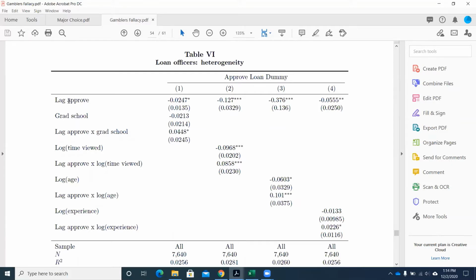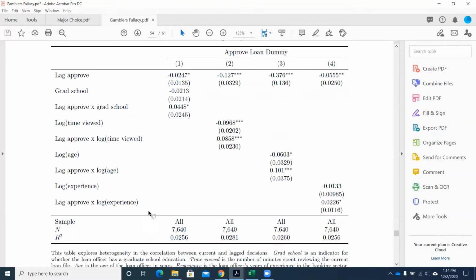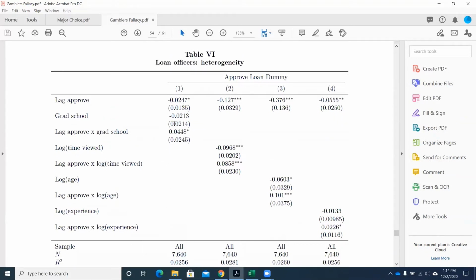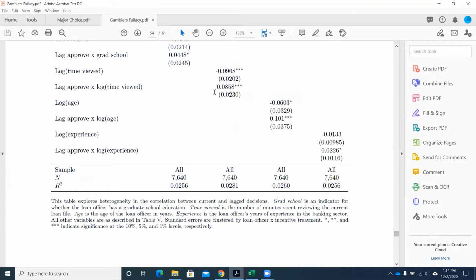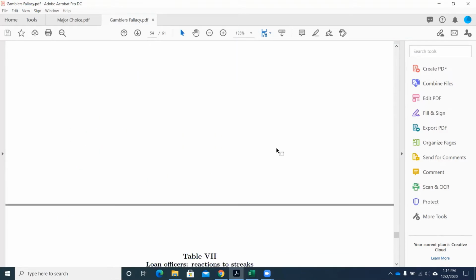If they approve the previous loan, even with our small controls, a couple controls here, it looks like they're less likely following an approval to then approve the next loan, right? So once again, negative correlation between the lag and the current variable. We're looking like we might have some gambler's fallacy going on, right? And they find different sizes by including different controls. I'm not sure why they couldn't have included several of these controls all at once, but they decided not to do that.